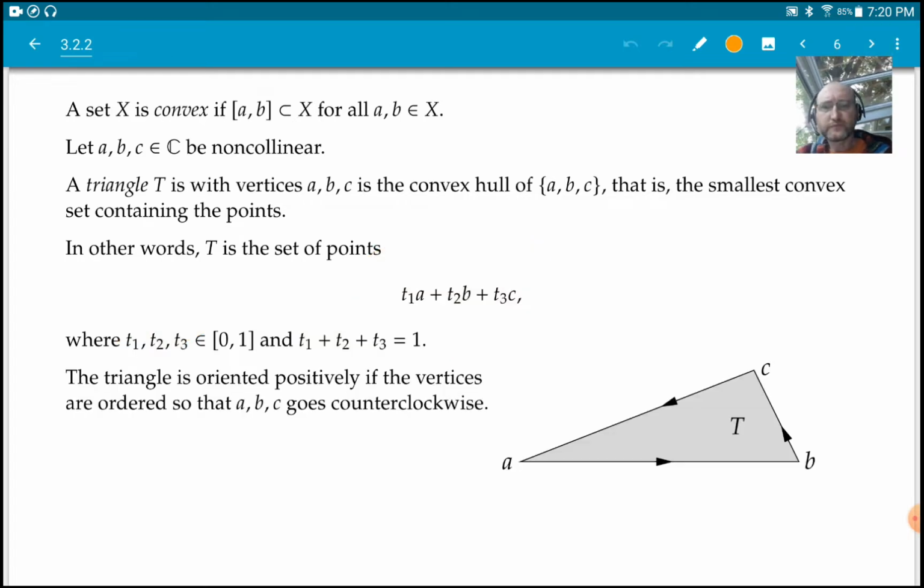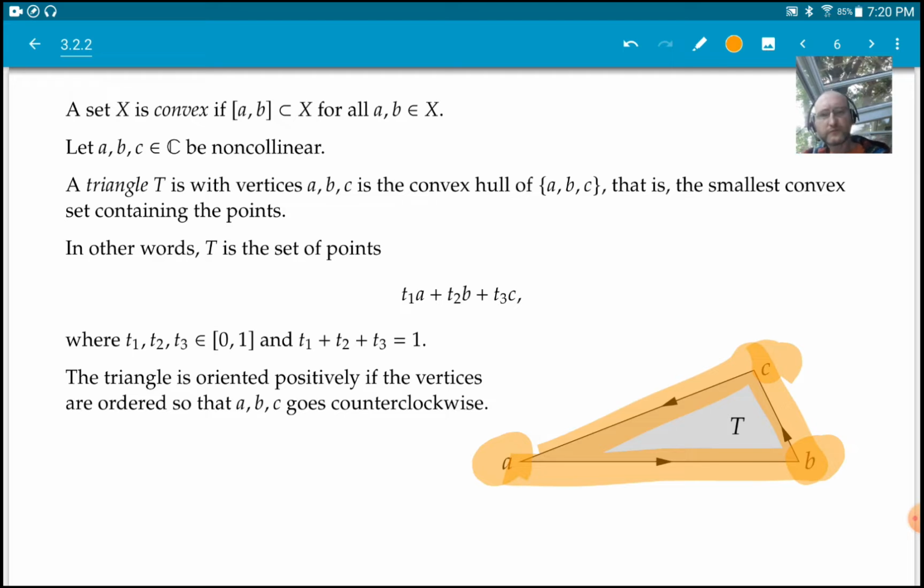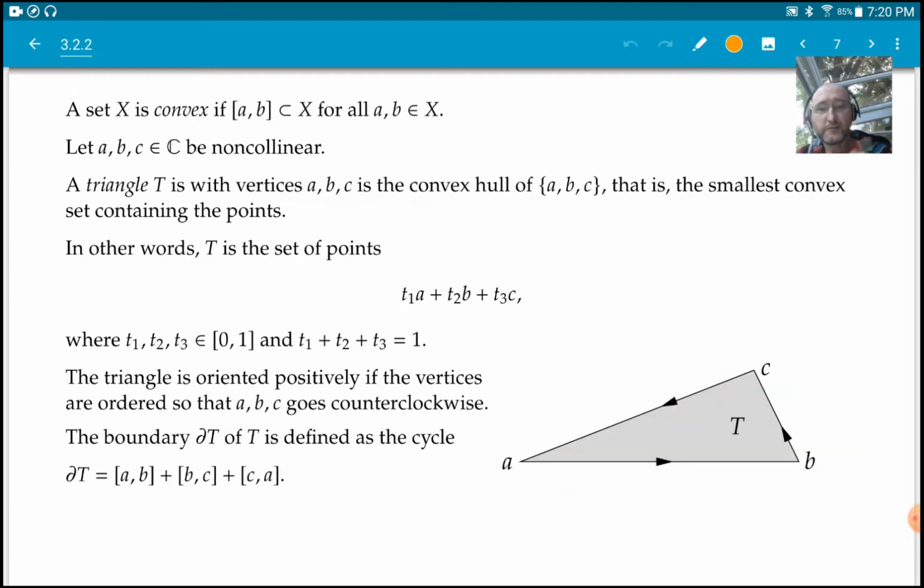All right, so if we have A, B, C, that's the triangle, right? And we orient the triangle in such a way that we're thinking of going around the boundary of the triangle counterclockwise, right? So that's the orientation on the boundary.